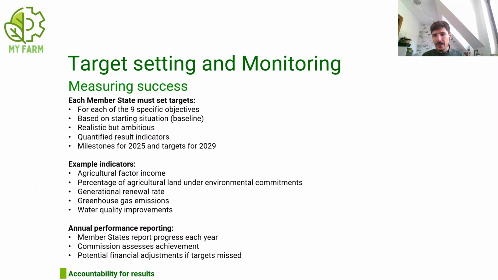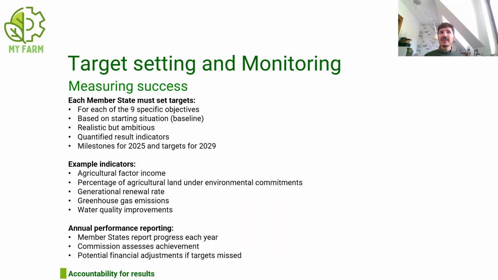For example, we provided the baselines through assessment of national trends in the agricultural sector. The targets must be realistic but ambitious, and the European Commission has pushed national authorities to be more ambitious for environmental and social sustainability targets.